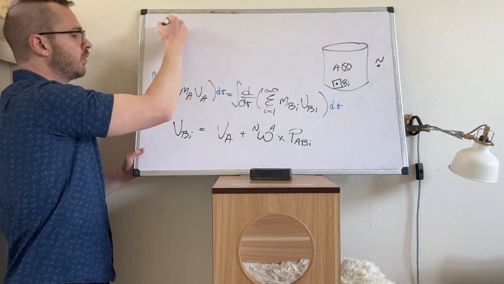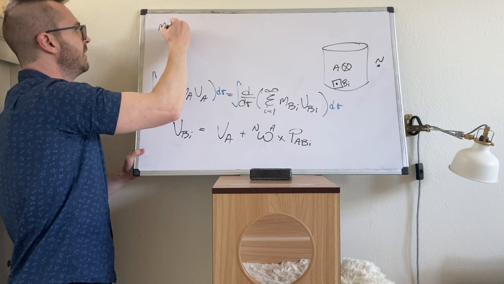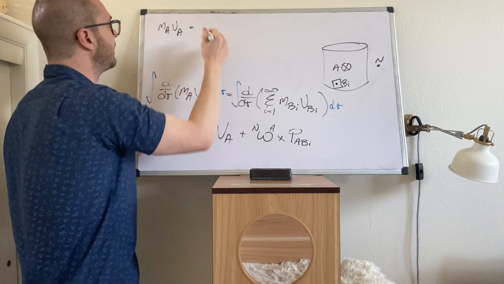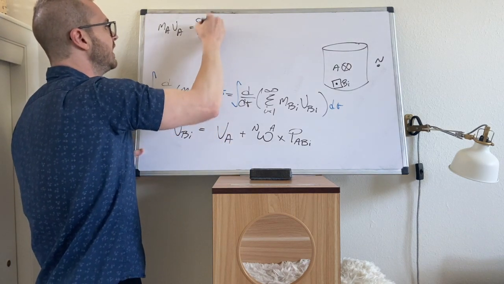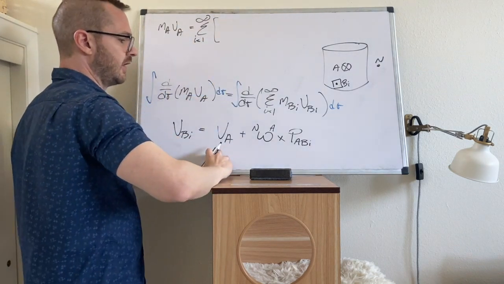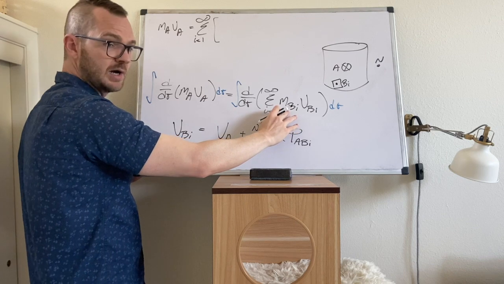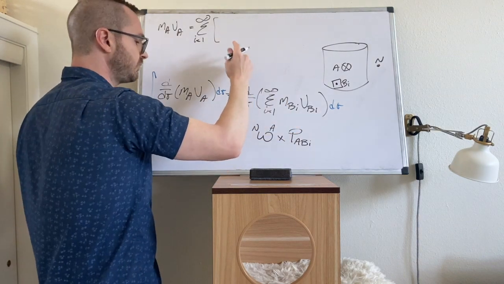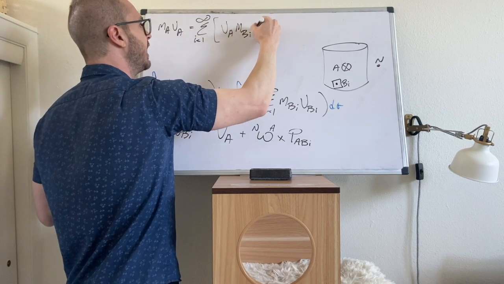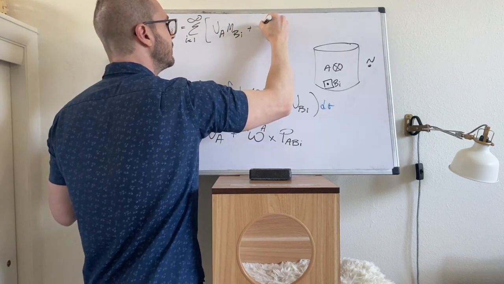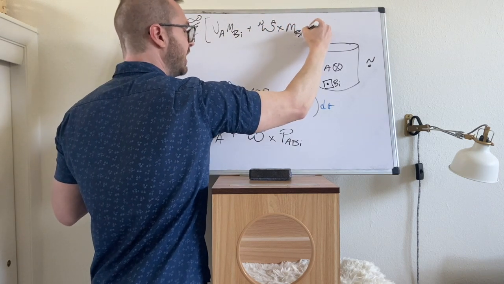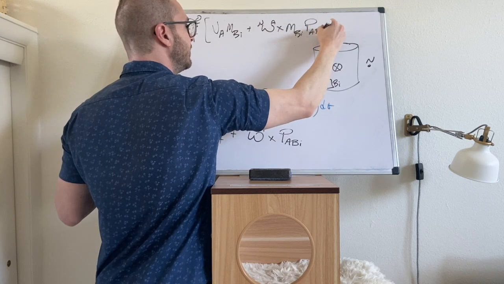So what we're going to be left with is M_A V_A, because the d/dts have dropped. And then the left-hand side is going to be the infinite summation of, now this is just V_BI, but it's V_BI multiplied by the scalar mass. So I'm going to write it as V_A times M_BI plus omega into A cross M_BI P A to BI.